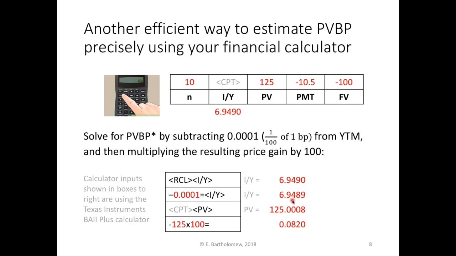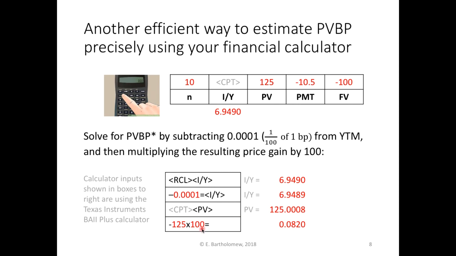That's what's going to show if our calculator is displaying to 4 decimal places. Then we would compute PV. Depending on your calculator, you might hit the compute key and then PV, or more commonly, you just hit PV. And we get 125.000008.